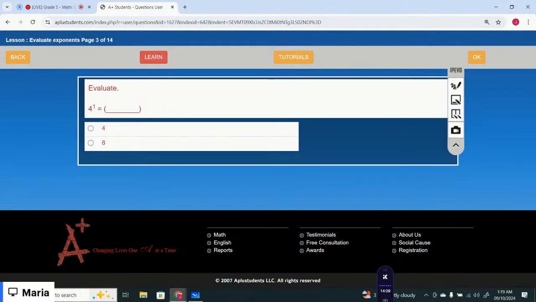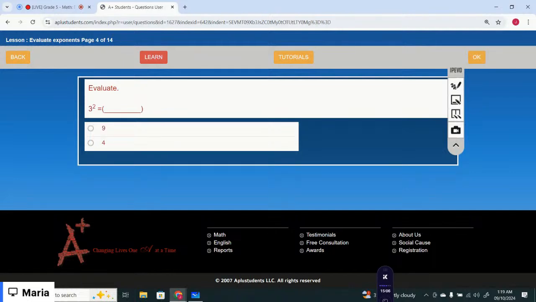Evaluate 4 exponent 1, which is the correct option? 4 exponent 1 equals 4. Option number 1 is the correct option.